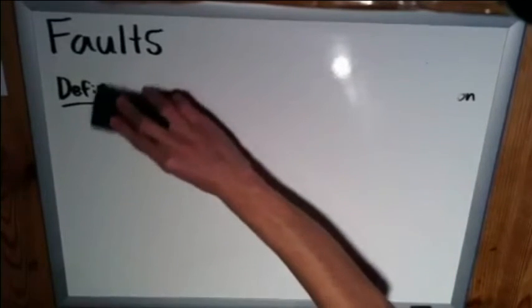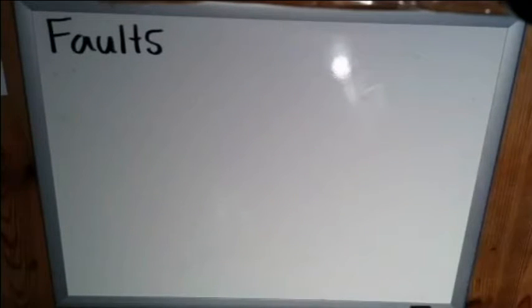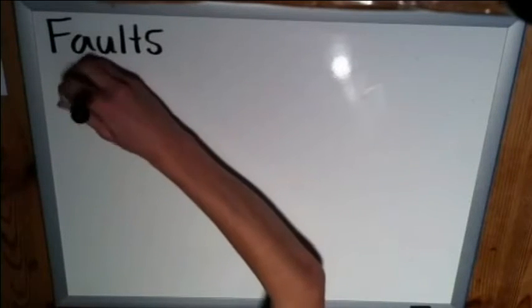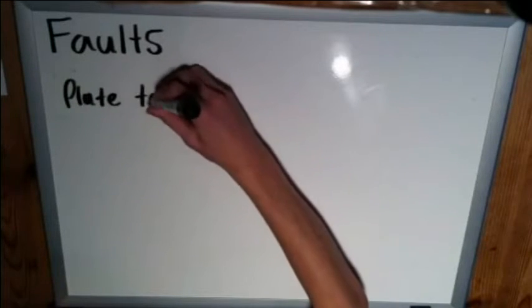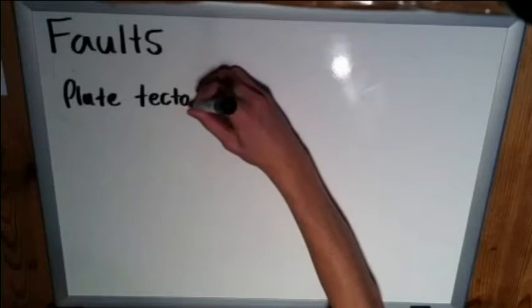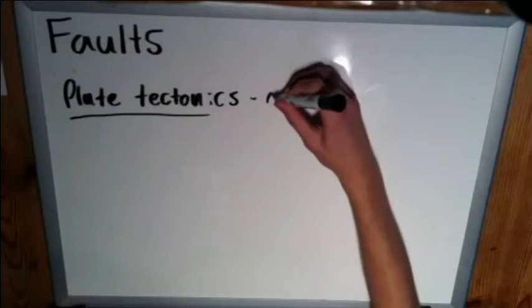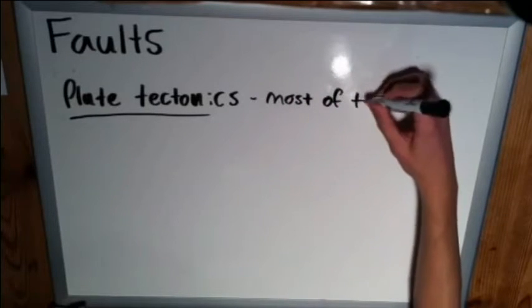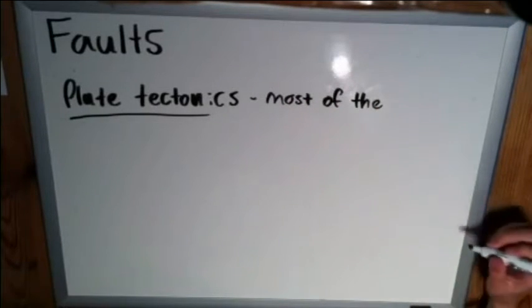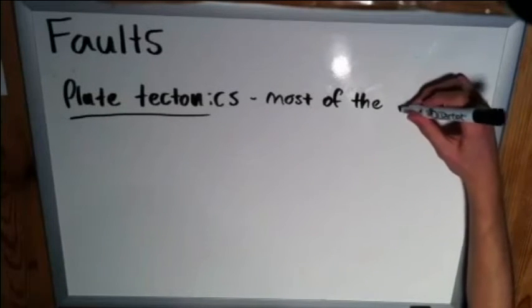But then there's the question of why faulting occurs, and this question is answered mostly by plate tectonics. Now, faulting can occur within plates themselves, but most of the time it has to do with plate tectonics. And you'll see fault zones at plate boundaries, such as the famous San Andreas fault.